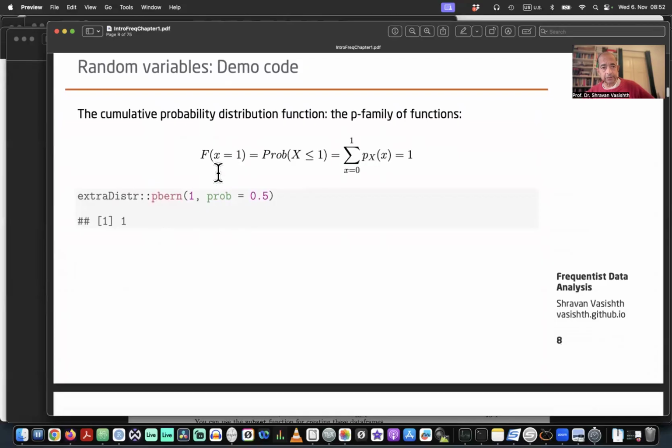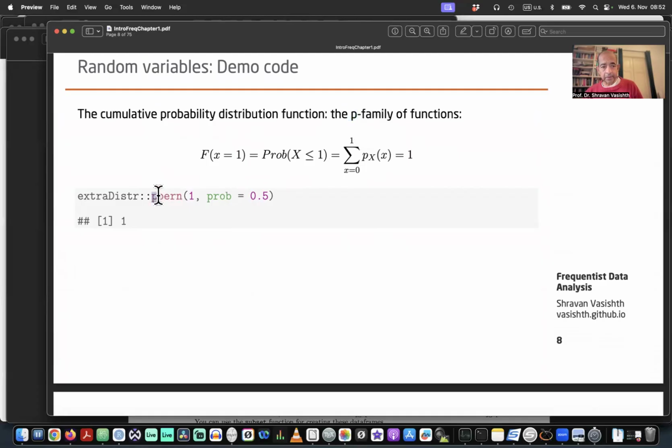Right. So as I mentioned, the cumulative distribution function that I just defined as the sum of all the probabilities of every possible element x or something less than that, right, is defined in R through the so-called P family of functions, P for probability, right?